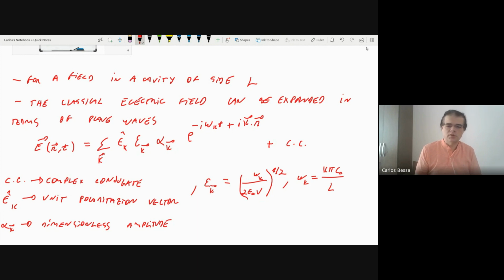And V here is the volume, and epsilon_0 is the free space permittivity. c_0 is the speed of light.